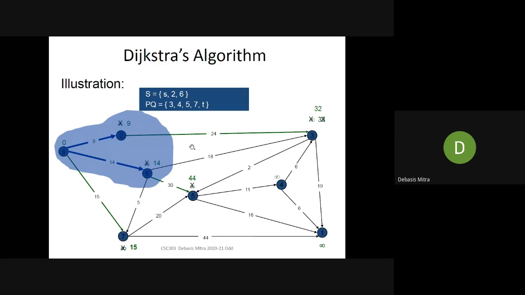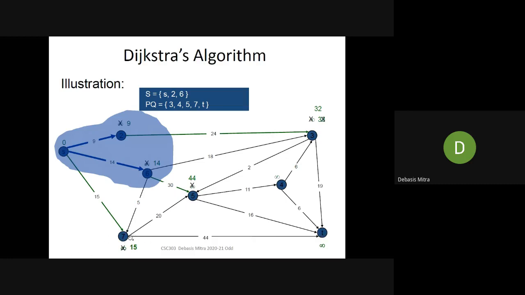Okay. Now from the present nodes in priority queue, which one is having the minimum distance? 3 is having 32, 5 is having 44, 4 is infinity, and 7 is 15, t is infinity.